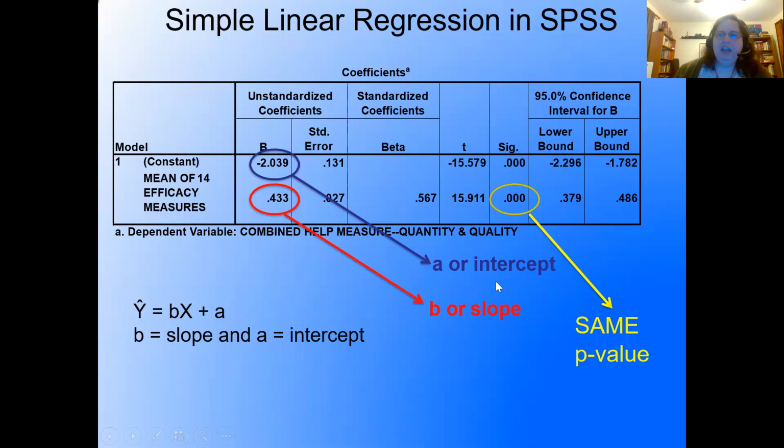So we have an A intercept, a B slope. We can fill in the B, the A into this equation. Whatever X we want to choose, then for self-efficacy, we can pop out whatever our y hat, predicted y, our help score would be.